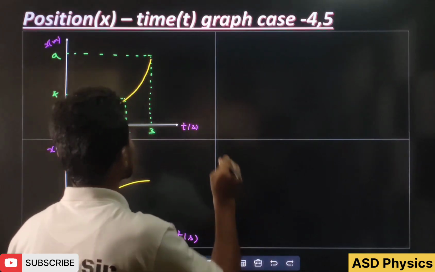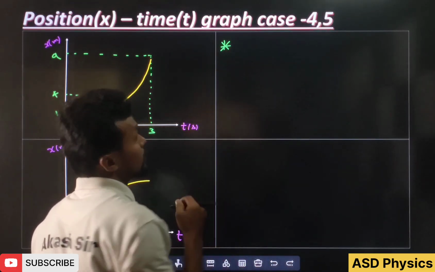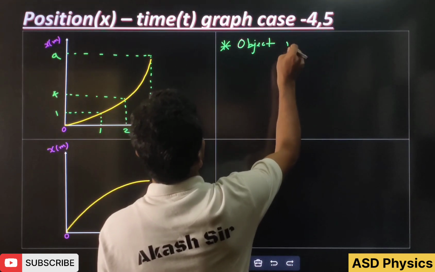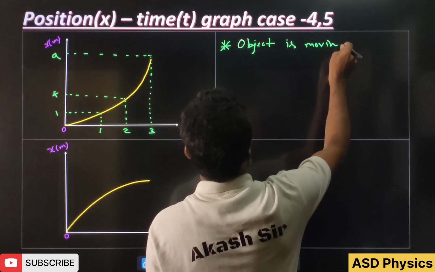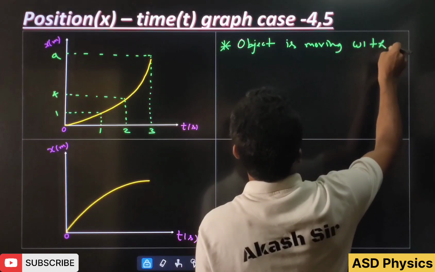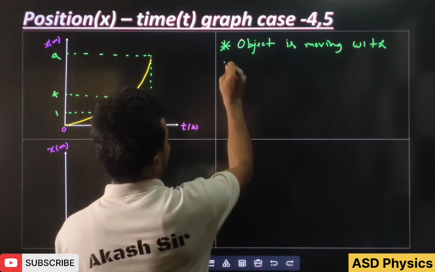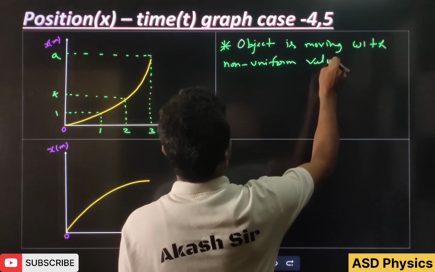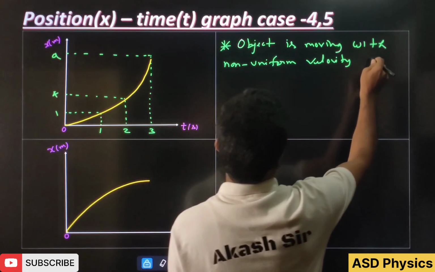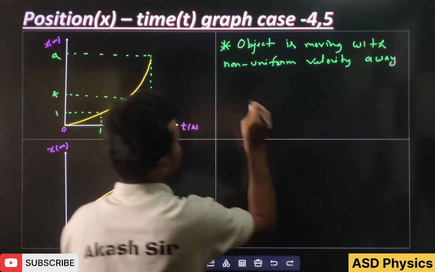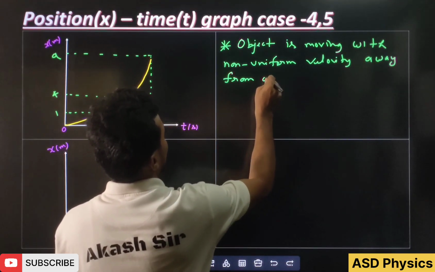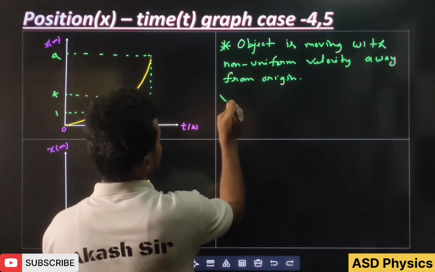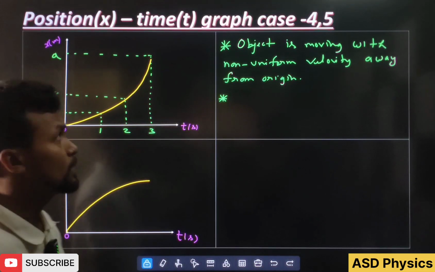So we can tell that the object is moving with non-uniform velocity, and with time x is increasing, away from the origin. Now, will velocity be positive or negative?